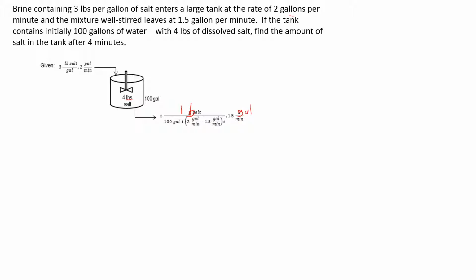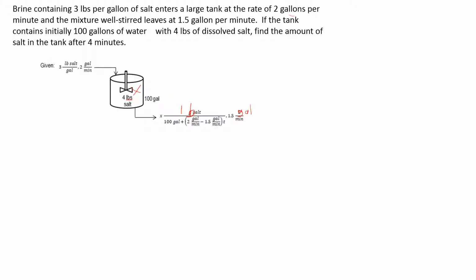So look at the diagram. The amount that is coming in, the concentration is 3 pounds per gallon at 2 gallons per minute, and the amount that is leaving, the concentration, of course, let's say that this will be variable now. Let's say that the amount of salt in the tank at any time is x.